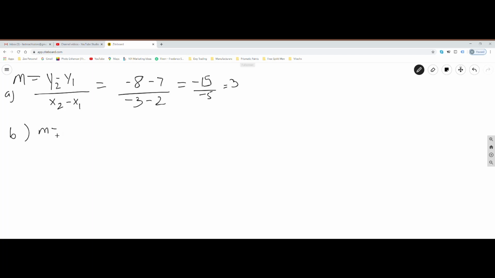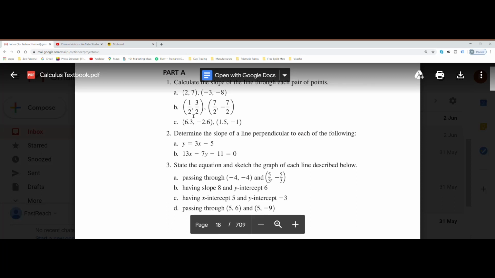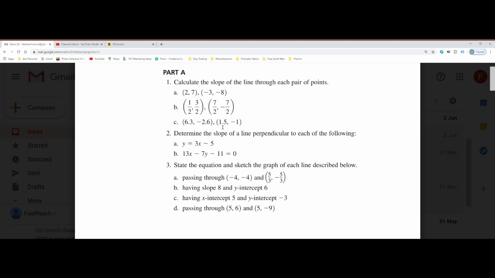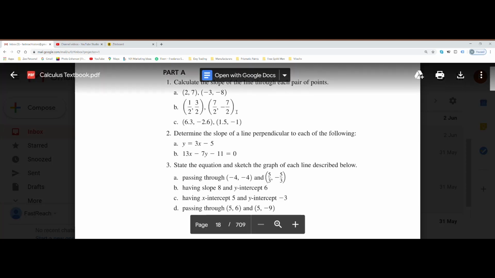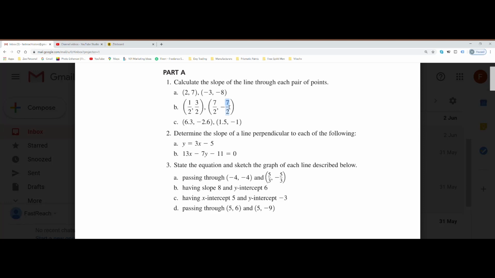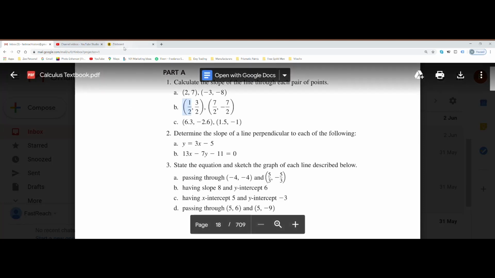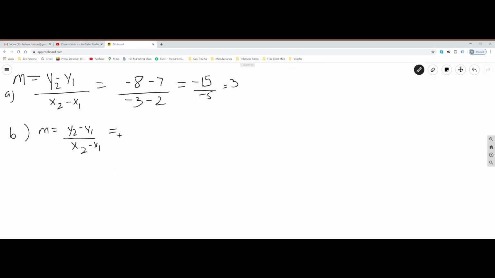Let's look at B. Slope equals y2 minus y1 over x2 minus x1. The points are 1 over 2, 3 over 2, and 7 over 2, and minus 7 over 2. I'm going to choose this as y2, this is going to be y1, this is going to be x2, and this is going to be x1. So let's write this out.